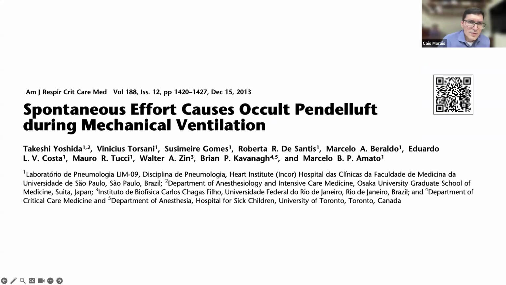A few years ago, Dr. Yoshida described in this interesting paper the pendelluft phenomenon. This is a phenomenon that was well described during the 70s by the greatest physiologists, showing that we can have in the same patients air moving from one side to the other based on change in regional compliance and regional resistance.